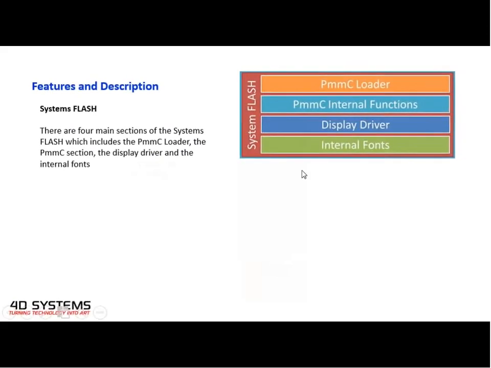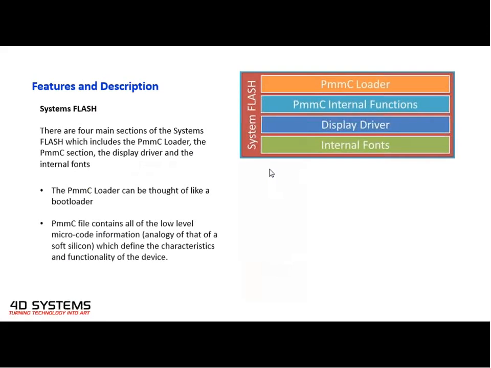Okay, let's take a look at the system flash. There are four main sections contained inside the system flash. You have the PmmC loader, which can be thought of like a bootloader, actually. And then you have another section, the PmmC and internal functions itself.